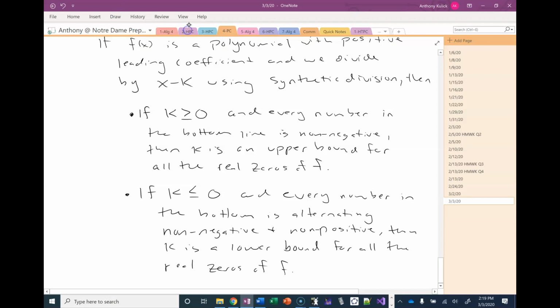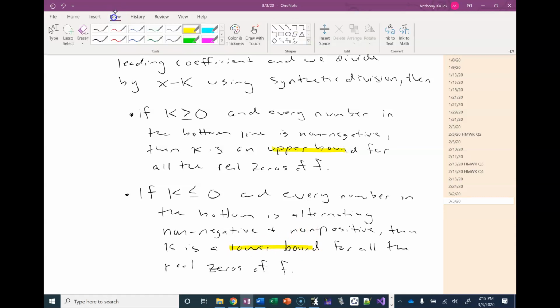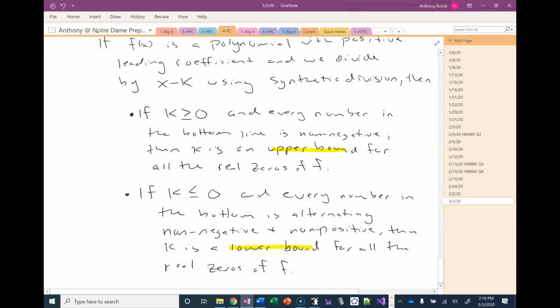When I use the terms upper bound and lower bound, do you guys know what I mean by that? The lower bound means that any real zero would have to be, this is the smallest one possible, right? So if my lower bound was -3, it means that -4 couldn't be a 0, or -5 couldn't be a 0, -6 couldn't be a 0.